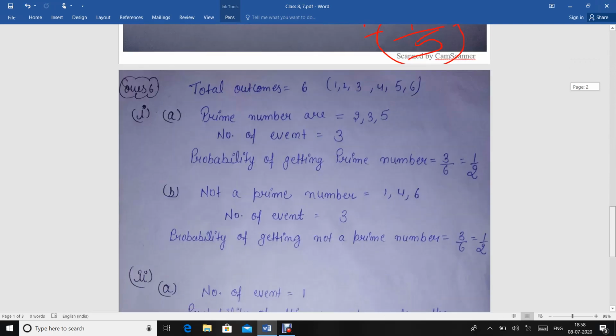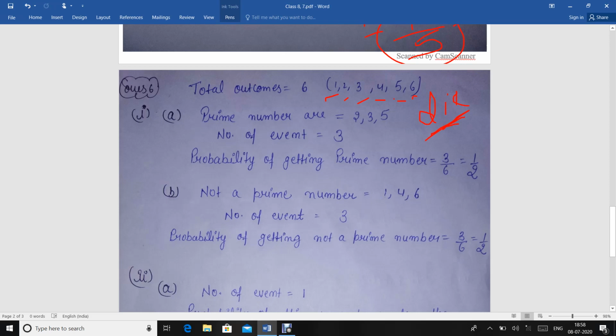See, here total outcomes are 1, 2, 3, 4, 5 and 6, because when a die is thrown, die means the die which you use to play Ludo. So this die has total 6 faces, and they are 1, 2, 3, 4, 5 and 6.